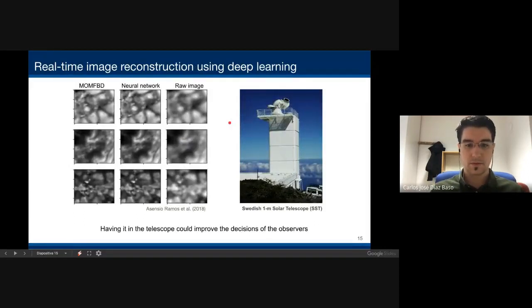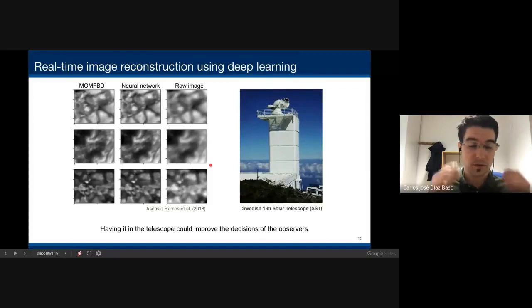So 2 years ago, Andrés Asensio Ramos and collaborators showed that a neural network could be trained to mimic what this program was doing. Here in the second column, you see the output of the neural network, what the program was doing, and the raw image.